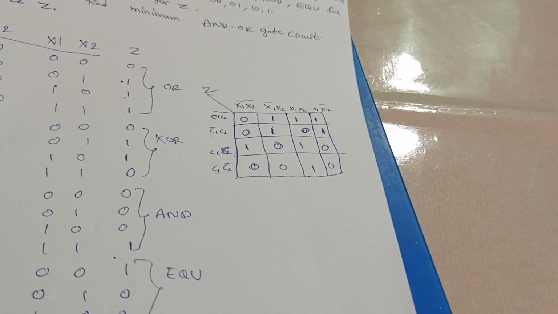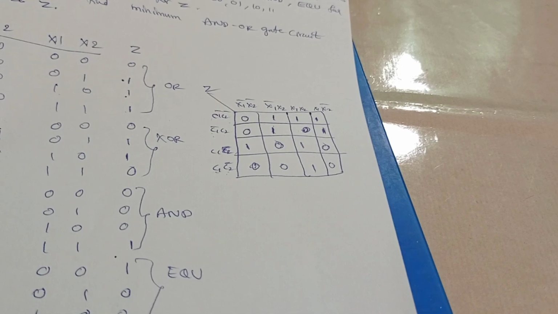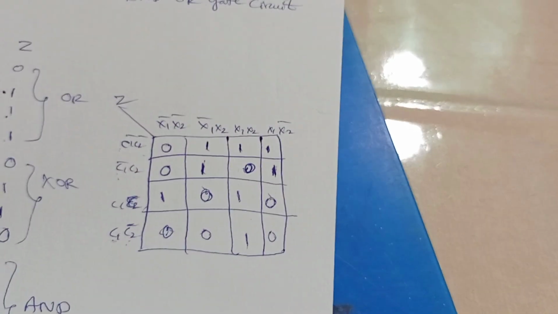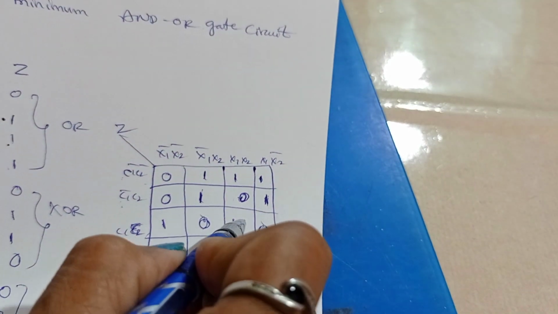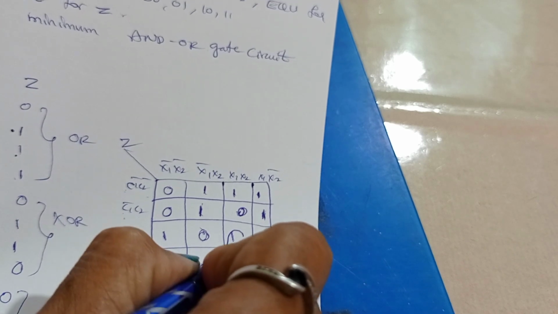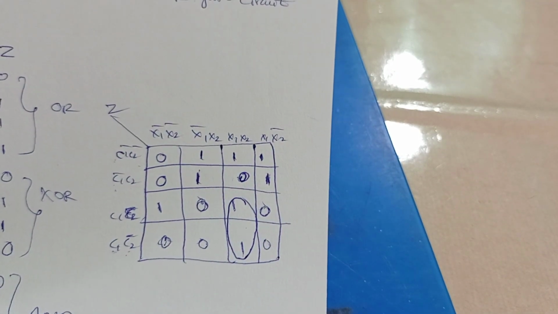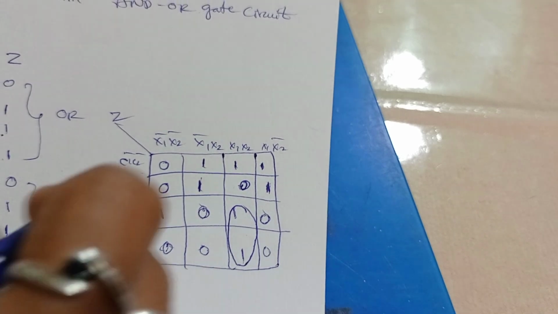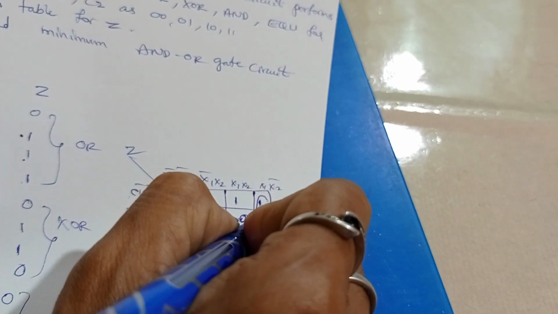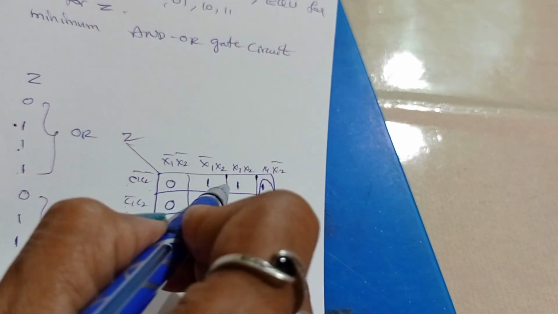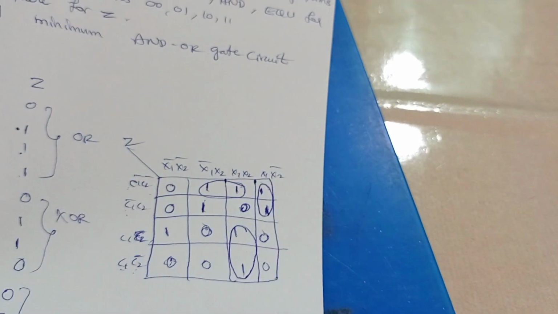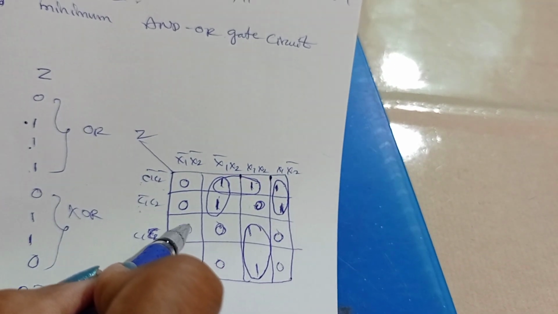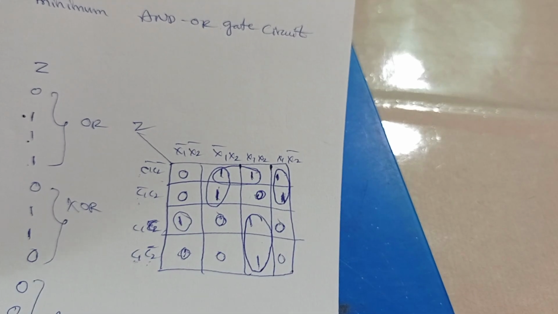Now minimize this and draw the AND-OR gate circuit. Minimizing, we'll check what is the possibility. Here a pair we can form, there is no other possibility for a quad. So again one more pair, another pair, and this one is alone, single.